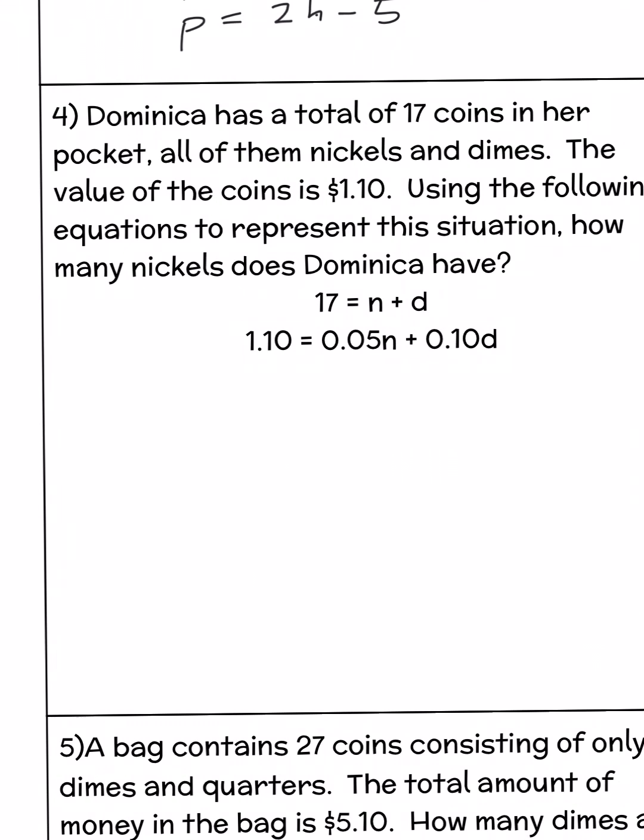In the next problem, number 4, Dominica has a total of 17 coins in her pocket, all of them nickels and dimes. We've done this problem before. So here it is. Hey, great. They just gave it to us as 17 equals n plus d. The value of the coins is 1.10 equals 0.05n plus 0.10d. Using the following equations to represent the situation, how many nickels does Dominica have?